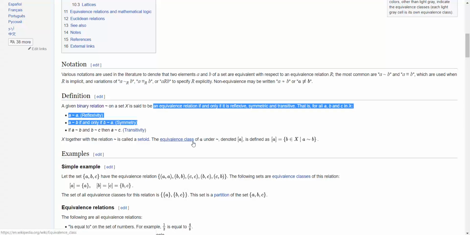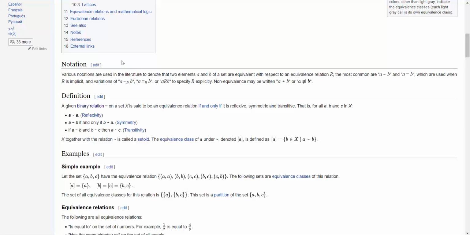Okay, so these are the notations. Maybe this could clear things up for us. Various notations are used in the literature to denote that two elements A and B of a set are equivalent with respect to an equivalence relation. So the equivalence here is based on a relation, or a set of rules that need to be satisfied, right?